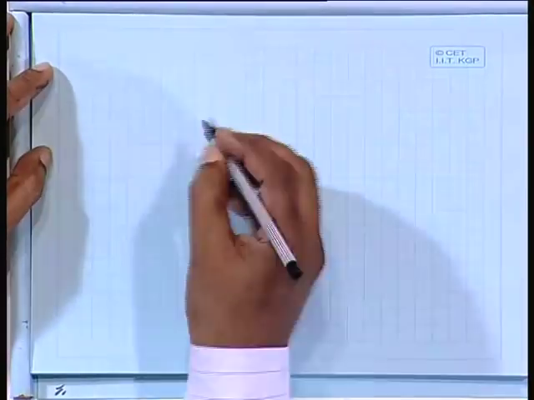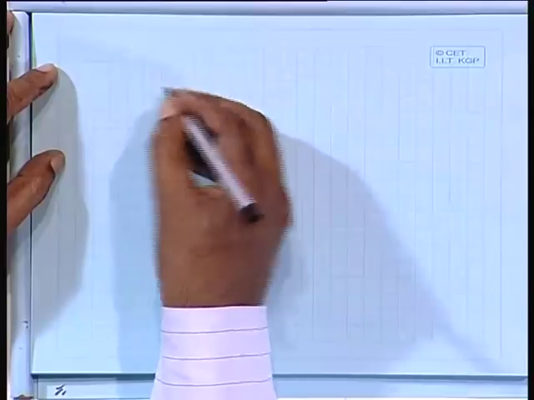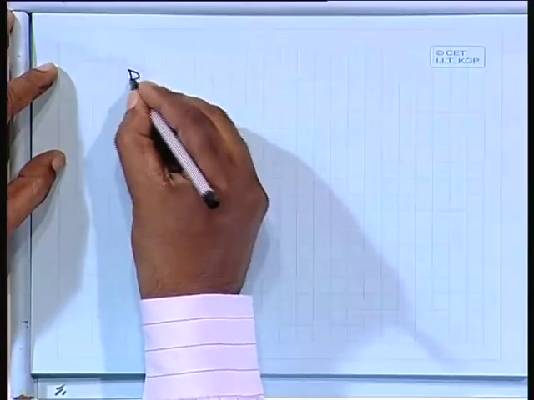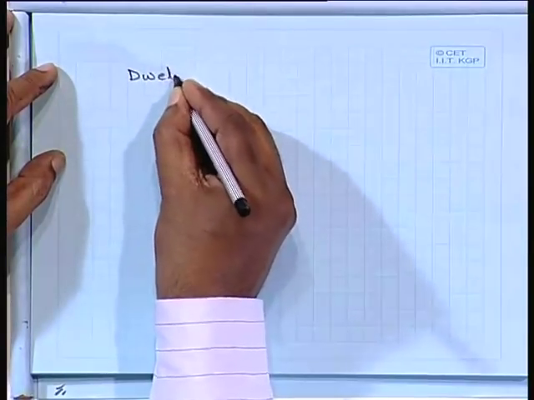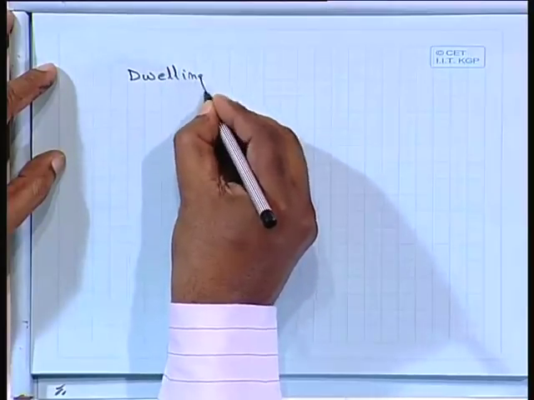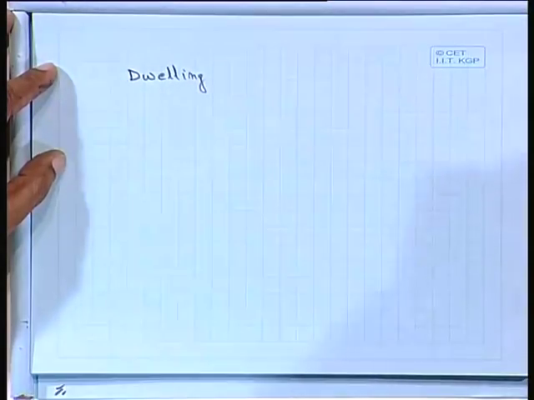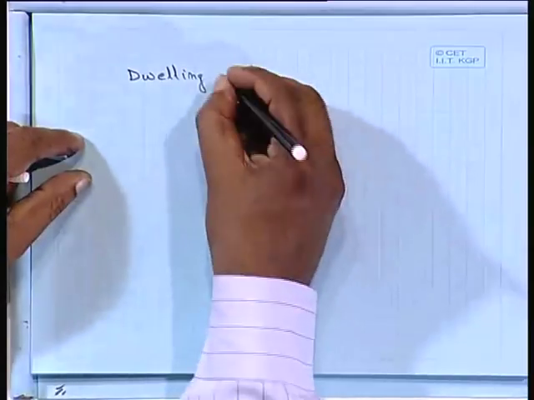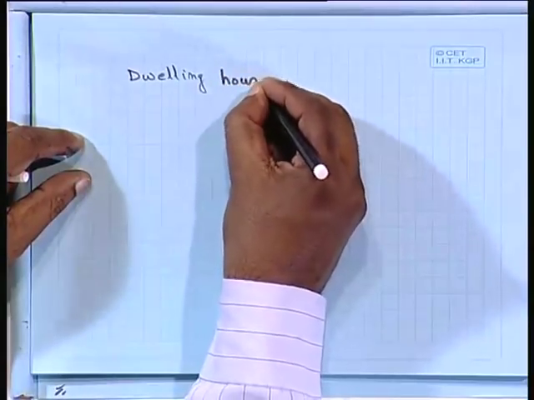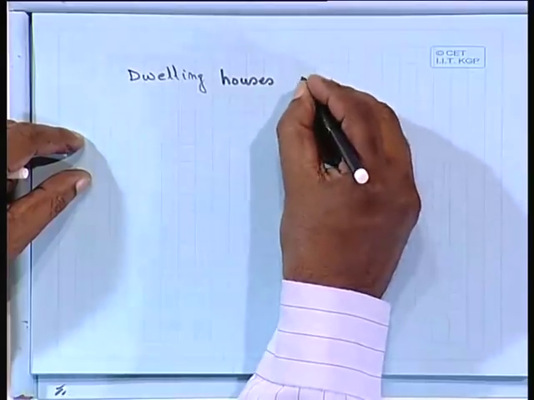So, number 1, dwelling houses and factories.